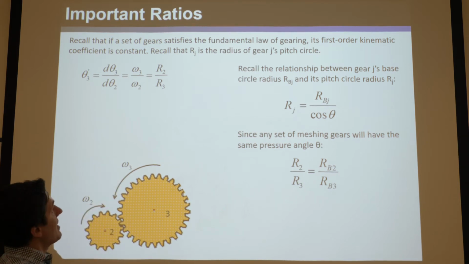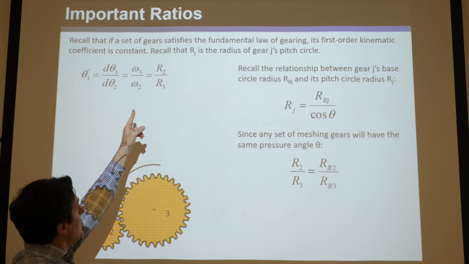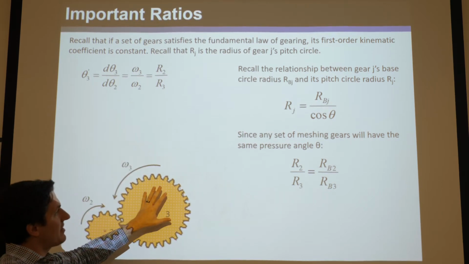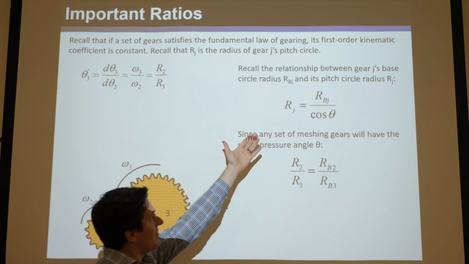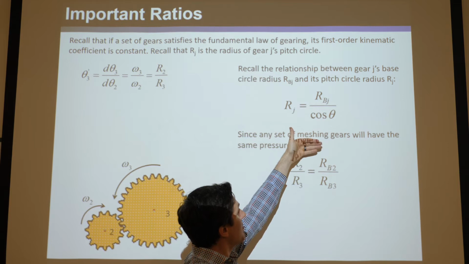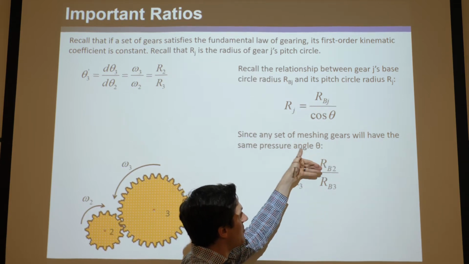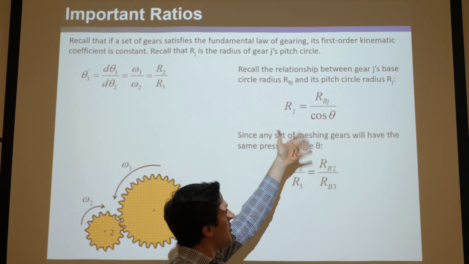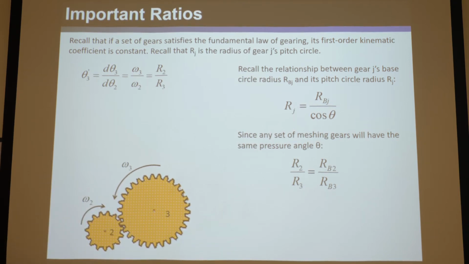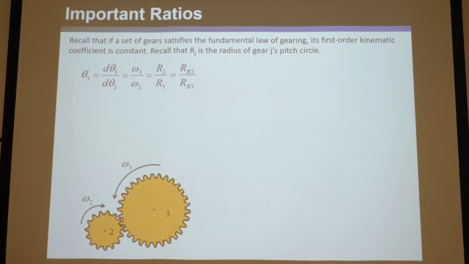So if up there you see R2 divided by R3, that's the pitch circle of this divided by the pitch circle of that. If you take this equation and plug in 3 and 2 and divide those, you're getting R base 2 divided by R base 3, and cosine theta will cancel because they both have the same theta. So we're going to add that relationship up there.